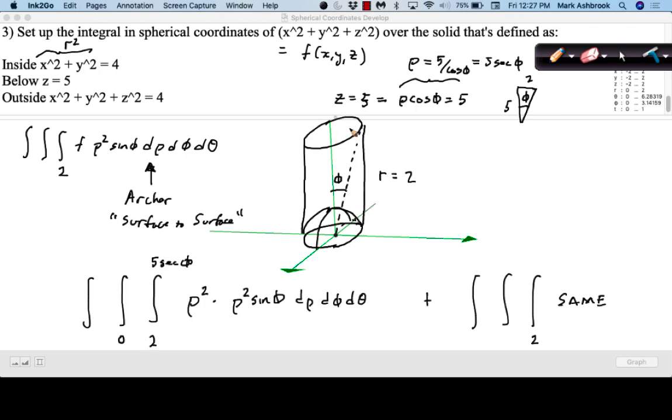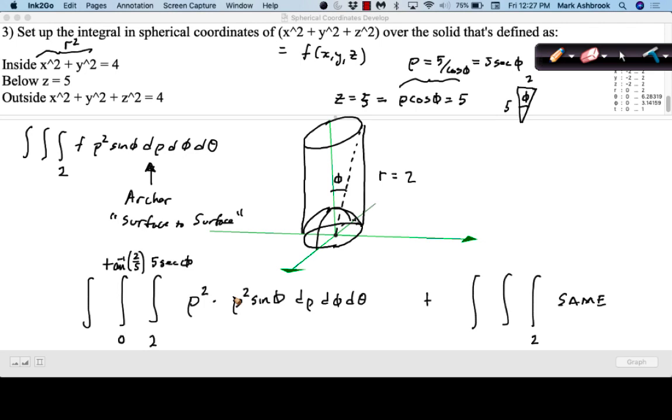goes from 0 to the angle arctangent of 2/5. Does that make sense?